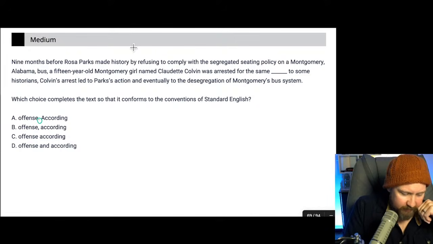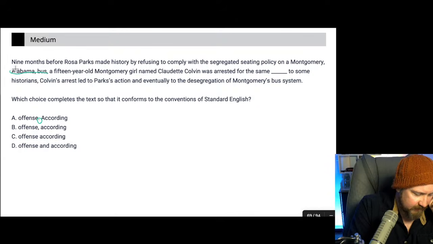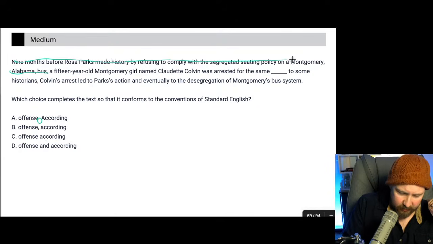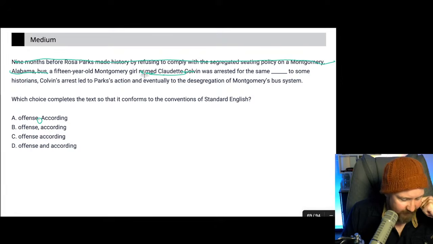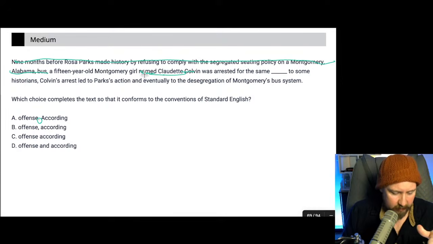It says 9 months before, and so on. So all of this stuff is an introduction, so I can actually ignore it because our main sentence starts at a 15-year-old. A 15-year-old girl, names don't necessarily matter. In history, they matter, but when you're trying to do these, don't worry about them. A 15-year-old girl was arrested for the same offense.